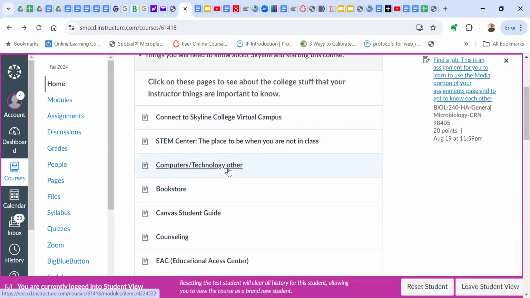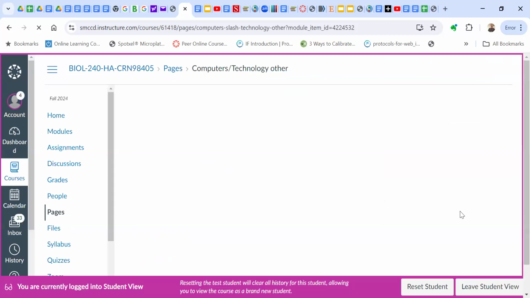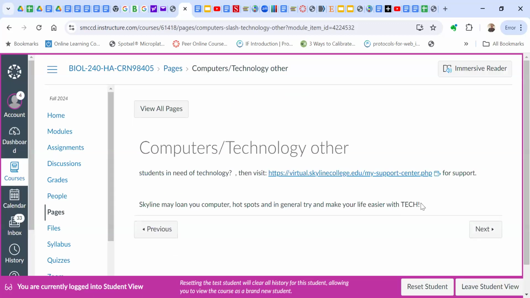We also have a support center for computer technology. I don't know how helpful they will be, but usually when you're under a deadline or something like that, they are there to guide you through.